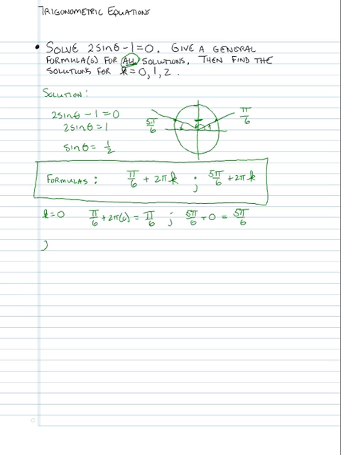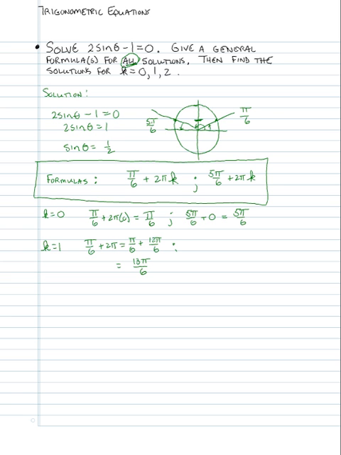Now, if k were equal to 1, we would have pi over 6 plus 2 pi times 1. When we add those together, we need a common denominator, so I'm going to write 2 pi as 12 pi over 6. You can verify that, of course. And pi plus 12 pi is 13 pi over 6.